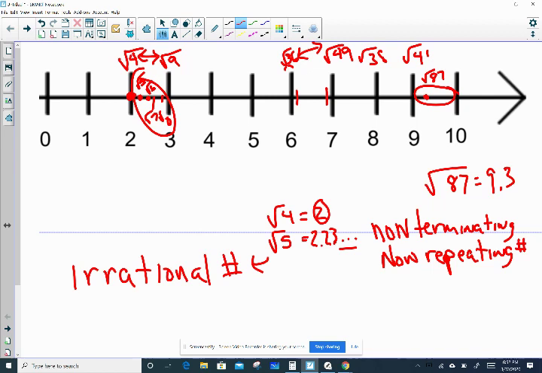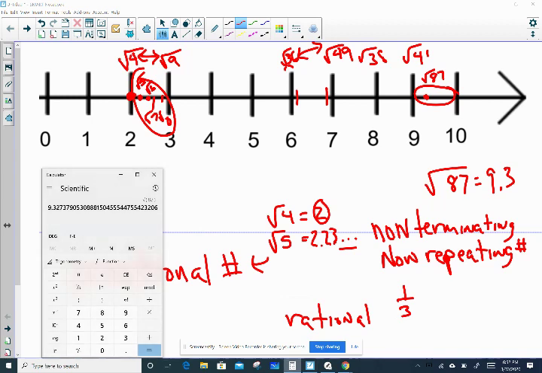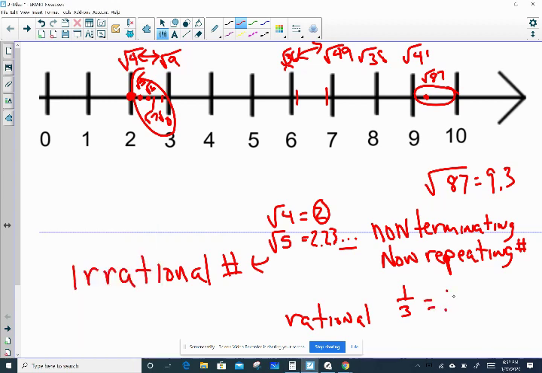Let's go back and look at one thing really quick. I want to talk about a different type of rational number, but it's not really a different type of rational number. If I plugged in 1/3 into my calculator, 1 divided by 3, I get 0.3333, and it goes on forever. This is called a repeating decimal. If I can find a number that has a repeating decimal and it goes on forever, this is also rational.